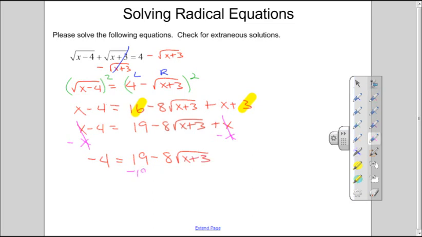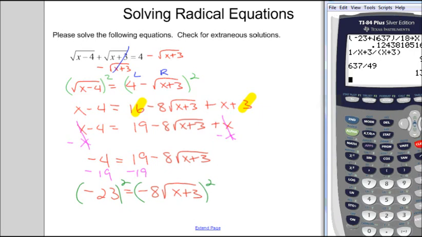And then I'm going to subtract 19 from both sides and get negative 23 is equal to negative 8 root x plus 3. And then now it seems like as good a time as any to be able to square both sides.